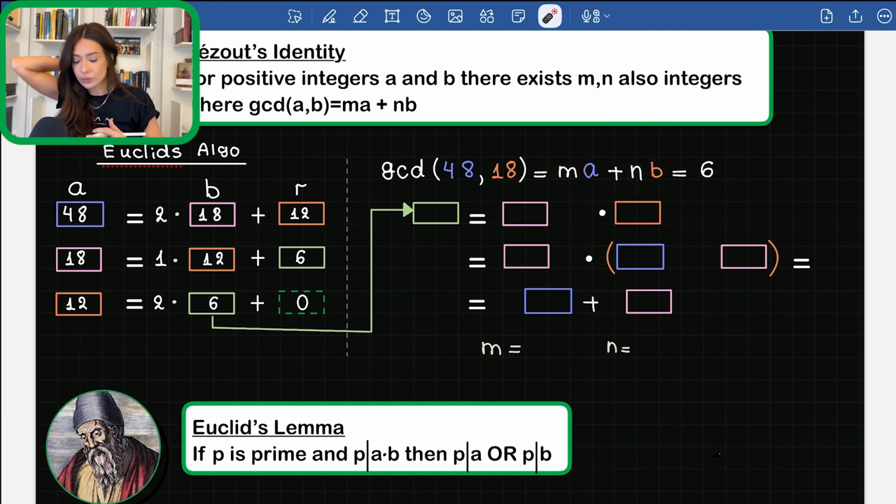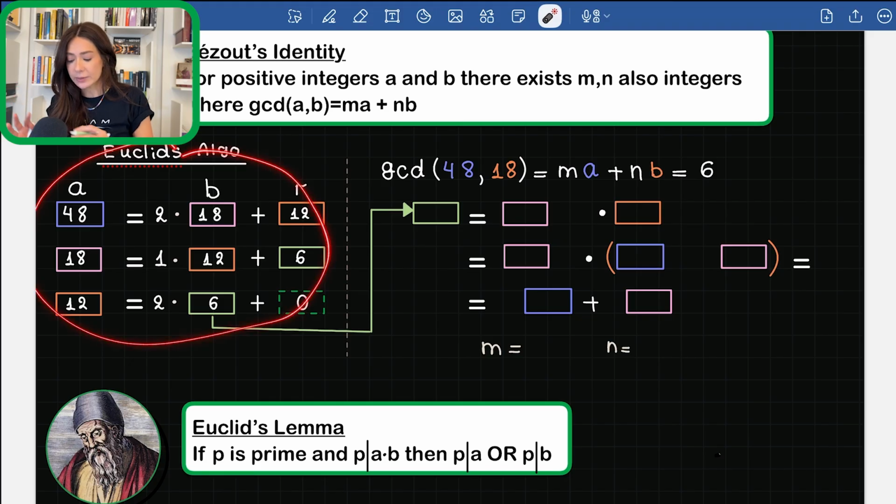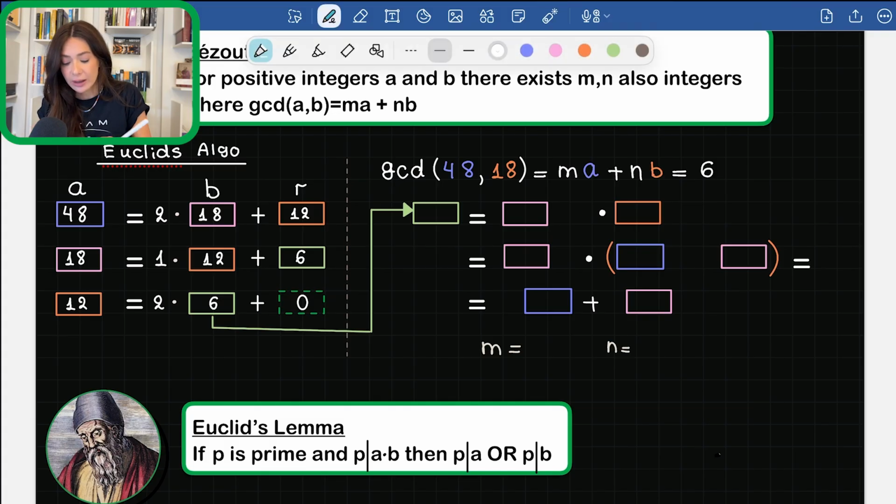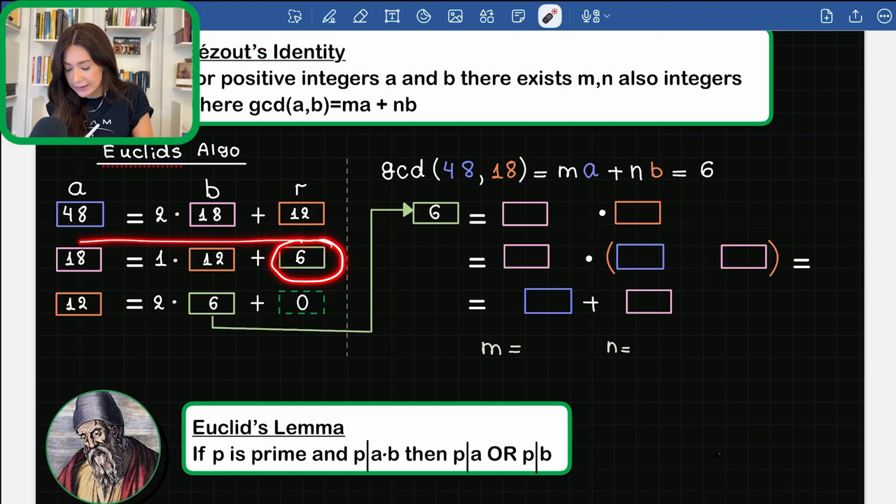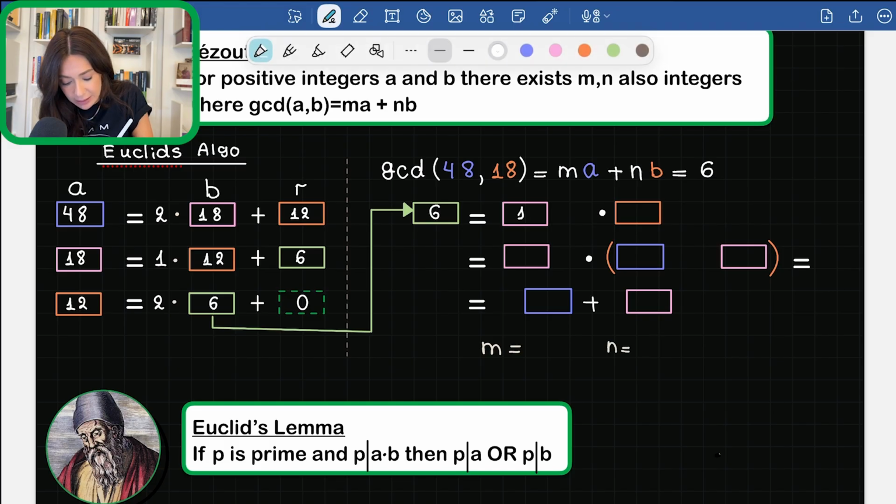So we're going to run this Euclid's algorithm, this is what we just did, backwards. So we finished at 6, and then we will start the Bézout identity with that. So here we go. 6 is our starting point. And 6 equals, from this expression, 18 minus 1 times 12.